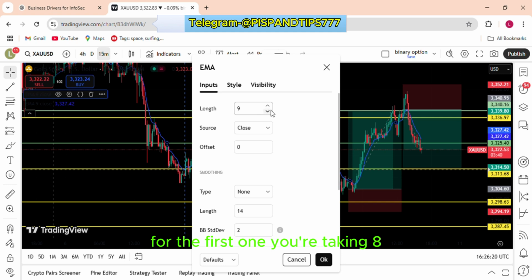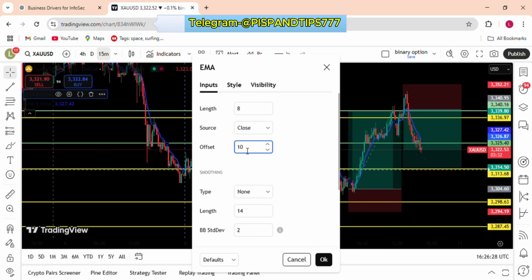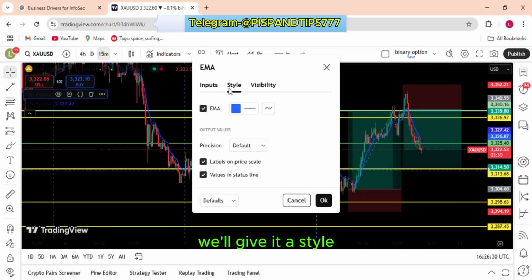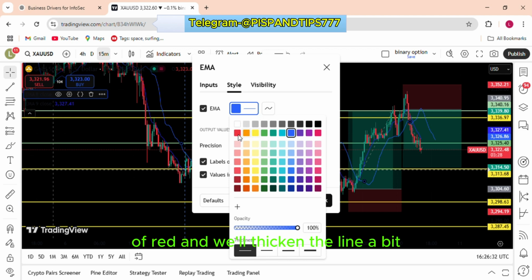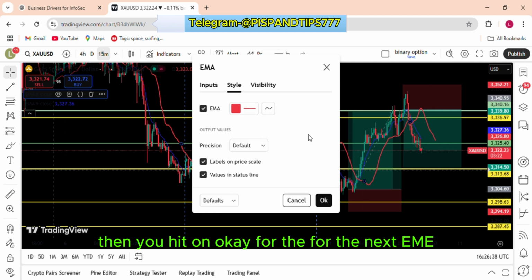For the first one, you're taking 8, and for the shift, you're taking it to 10. We'll give it a style of red and thicken the line a bit. Then you hit OK.